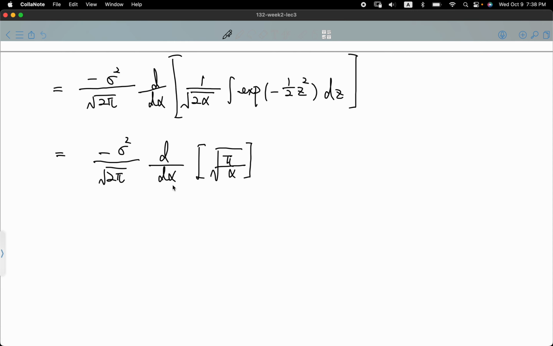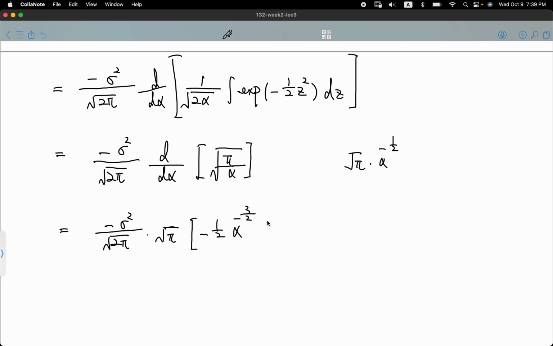Now let's evaluate this differentiation. So you essentially have square root of pi multiplied by alpha to the negative 1/2. And then you have a negative 1/2, but alpha raised to the power of negative 3/2.